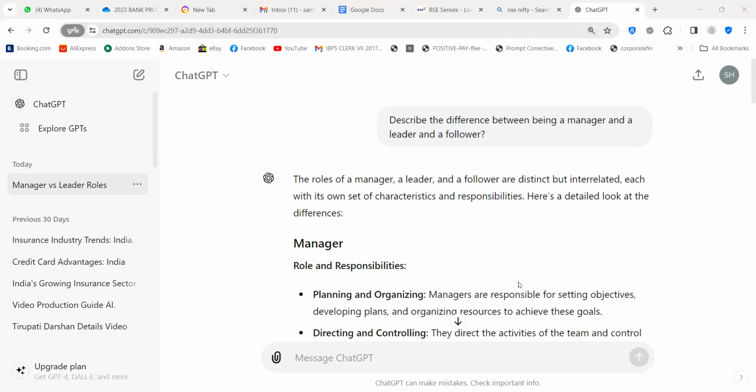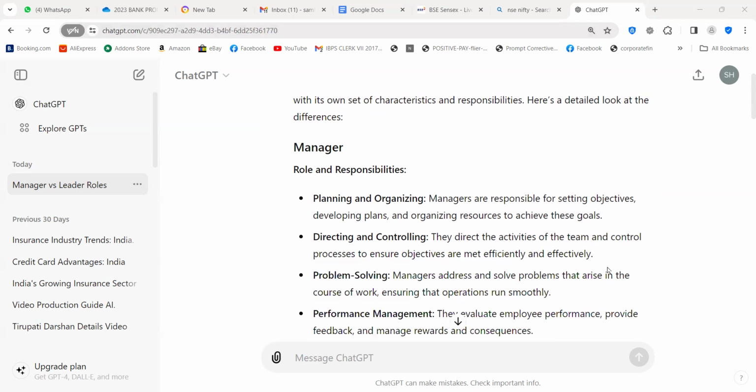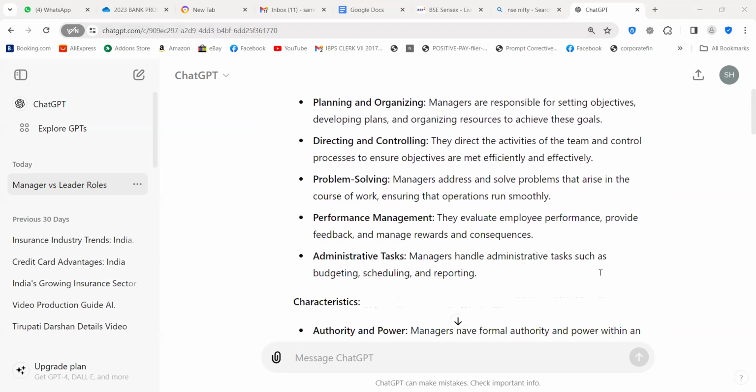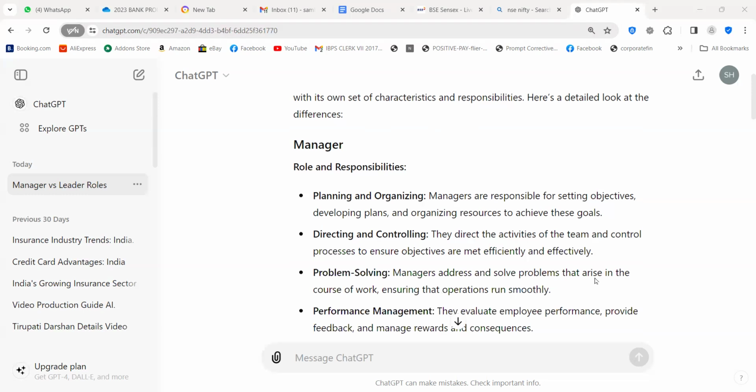The role of a manager, roles and responsibilities. First is planning and organizing. Second, directing and controlling. Third, problem solving. Fourth, performance management. Fifth, administrative tasks. Managers are responsible for setting objectives, developing plans, and organizing resources to achieve these goals. They direct activities of the team and control processes to ensure objectives are met efficiently and effectively.